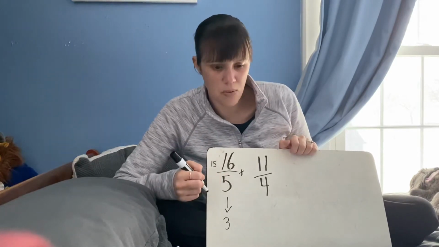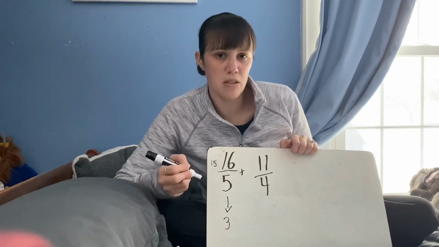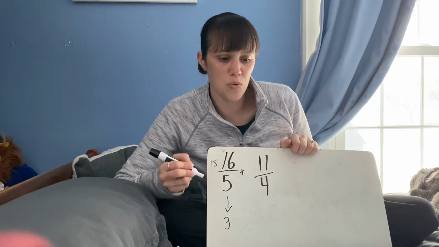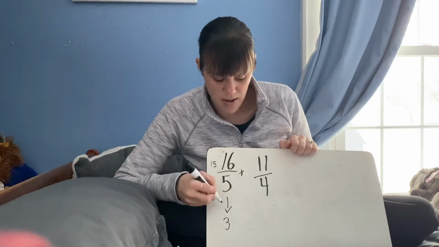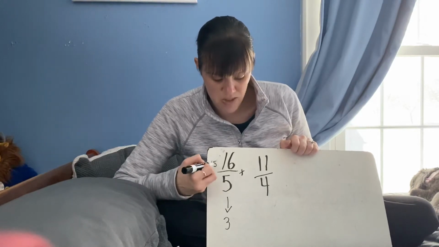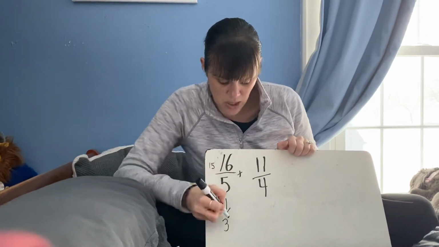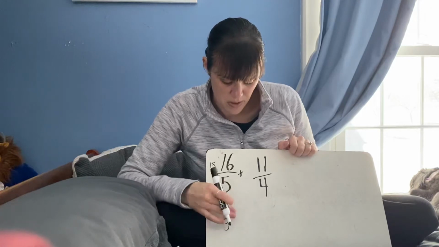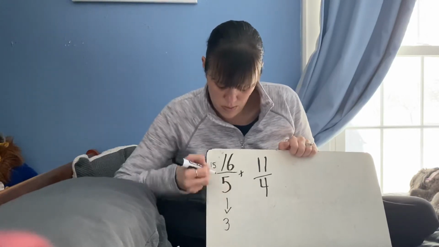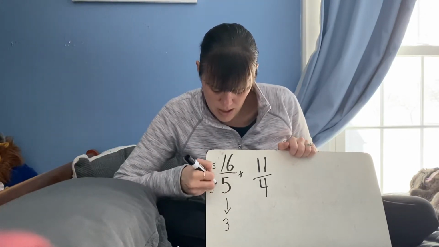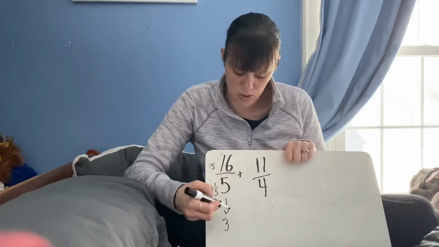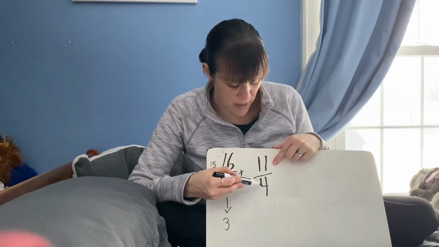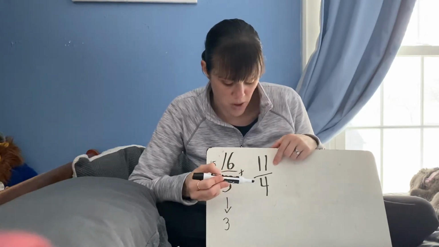So this is kind of the way, you know how I said that mentally you can be able to switch it from an improper fraction to a mixed number? It's kind of that thought. You know that 5 goes into 15 3 times and you're only left with 1. So you know that basically that's going to be closest to 3. Now 4 goes into 11 how many times? 4, 8.